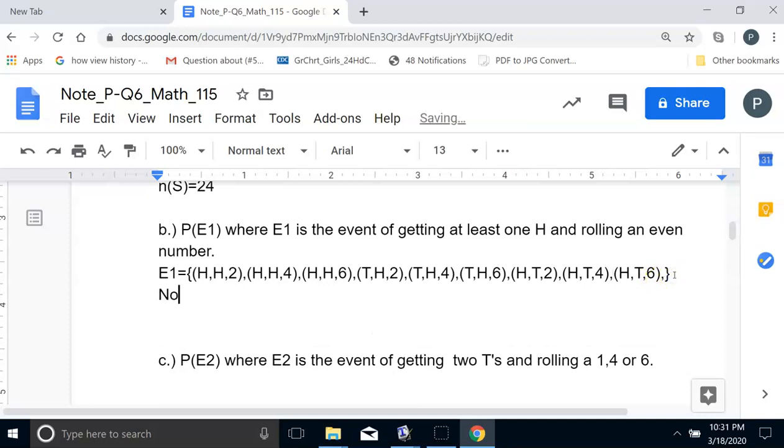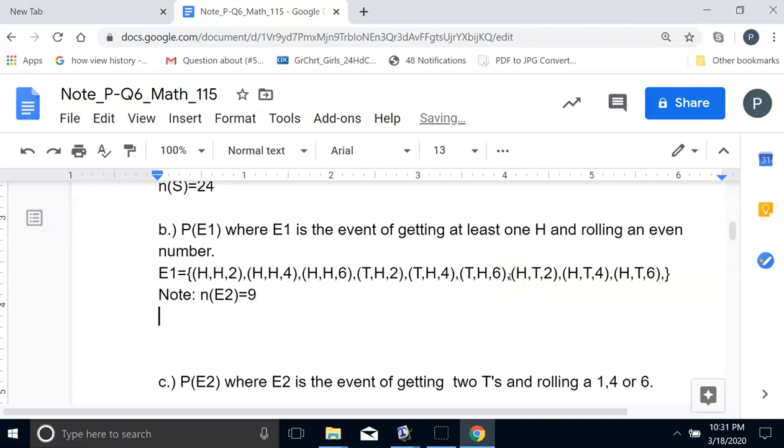So note here, the number in E1, if you count the number of things here, you have 1, 2, 3, 4, 5, 6, 7, 8, 9. So the probability of E1 will be the number in E1 divided by the number in our sample space S. E1 is 9.